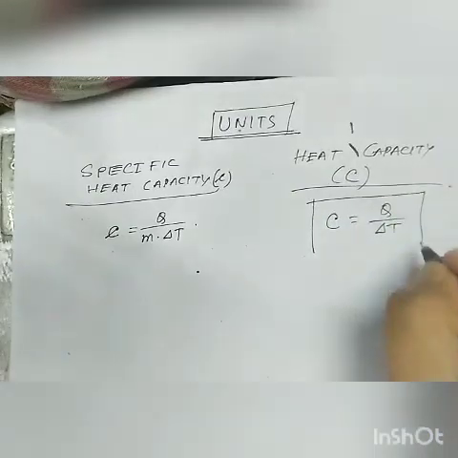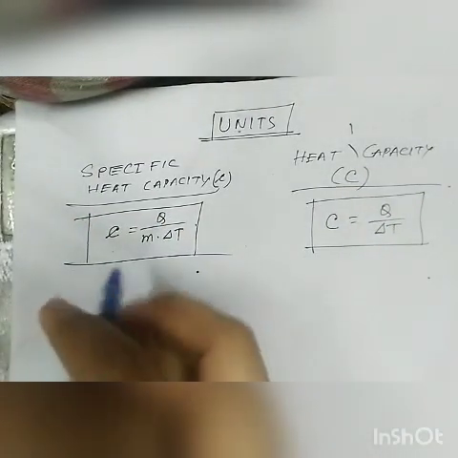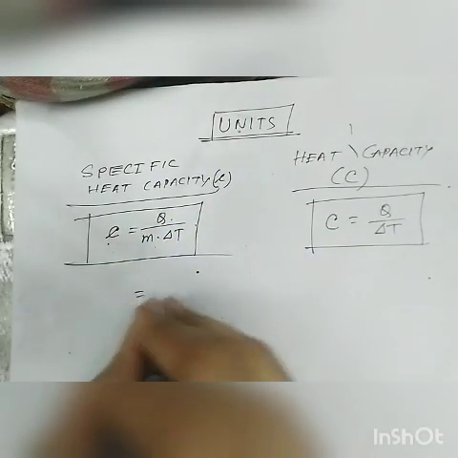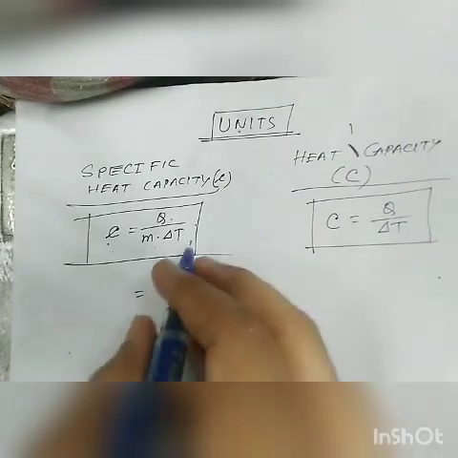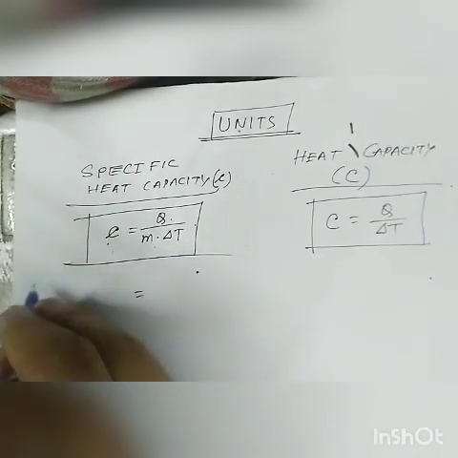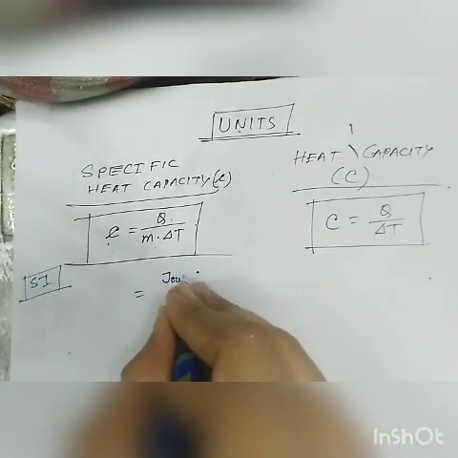These are the respective formulas of those systems. Now I just run in the units. So specific heat capacity is Q by m delta T, where Q is heat, m is mass, and delta T is temperature. If I am looking for SI units, what is the unit of heat? Joule.